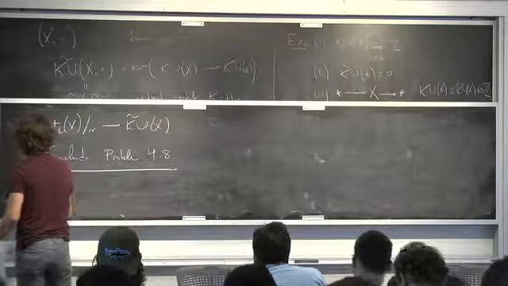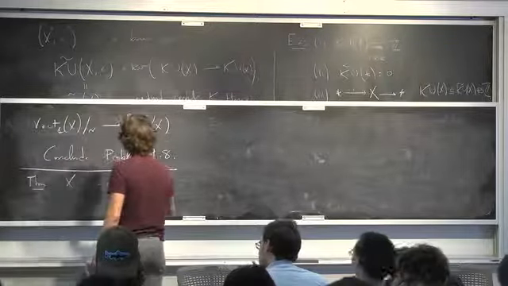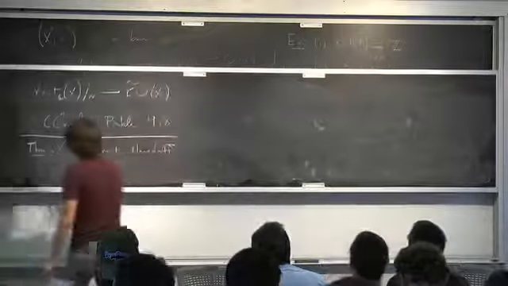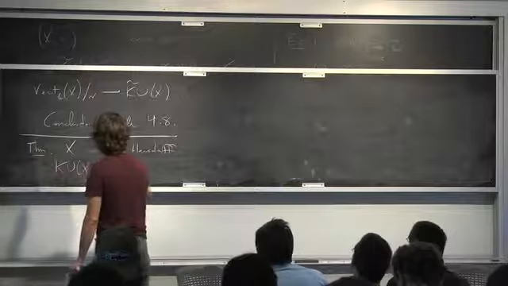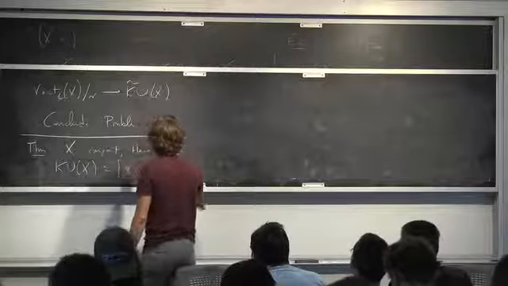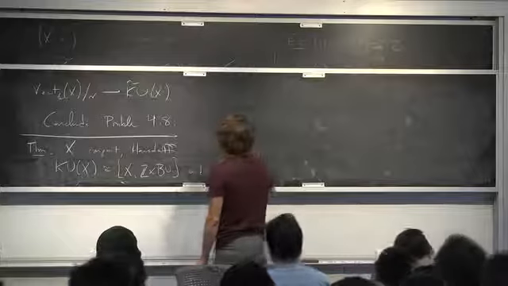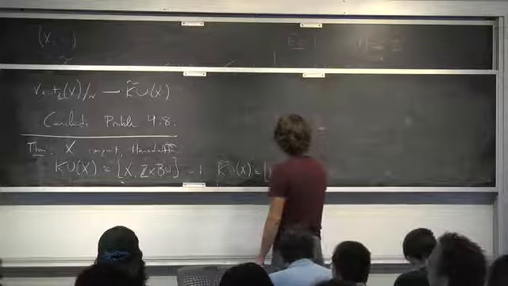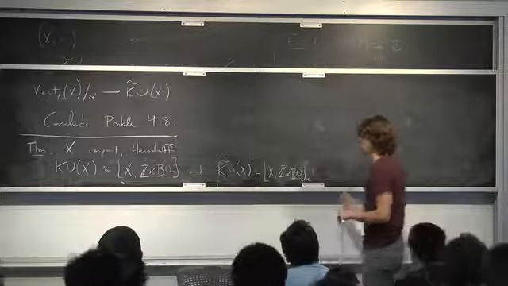So theorem: X compact Hausdorff. Then KU of X is isomorphic to the set of homotopy classes from X to Z cross BU. And the reduced K theory of X is isomorphic to the set of based homotopy classes from X to BU.